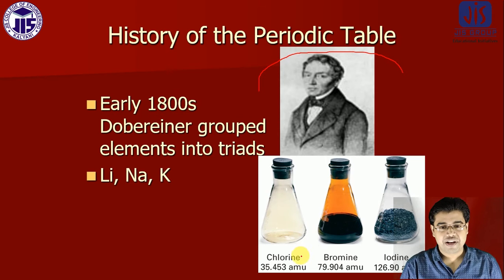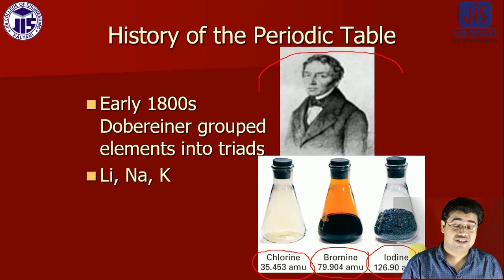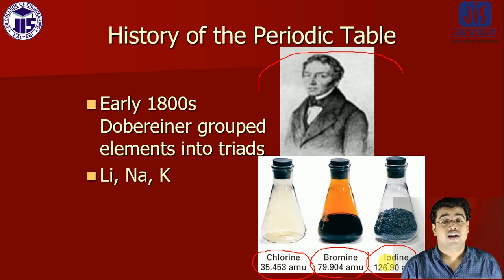If you check the example here, it is chlorine, 35, here it is bromine, 79, and here it is iodine, approximately 126. Now check what Dobereiner did. If there is a set of chlorine, bromine and iodine, then easily we can understand the atomic weight of bromine. The atomic weight of bromine will be the average of the weights of chlorine and iodine.